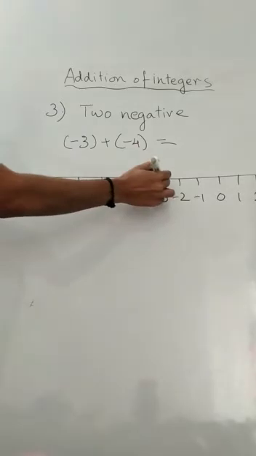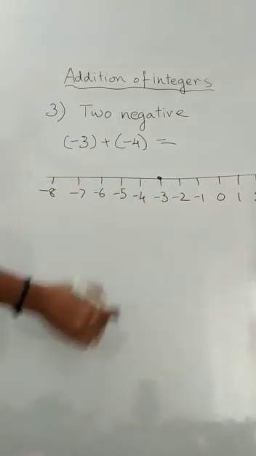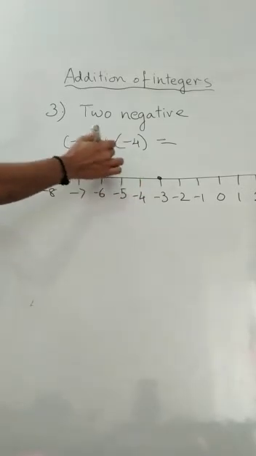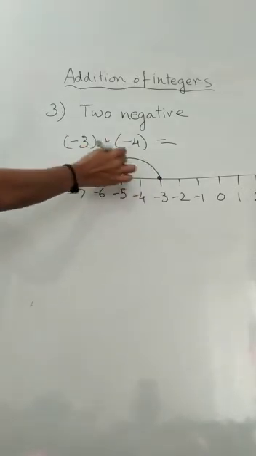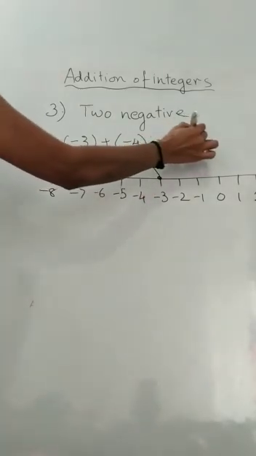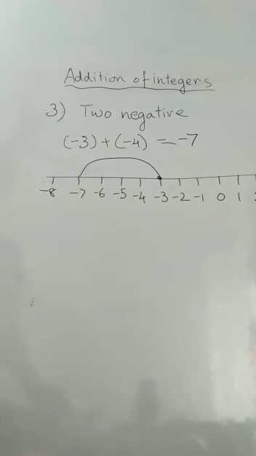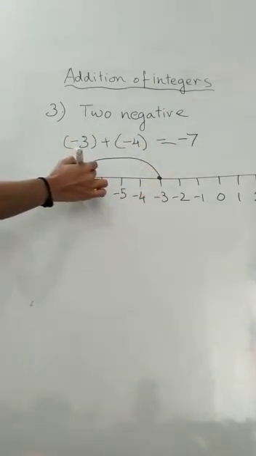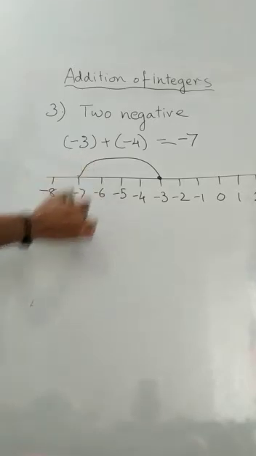It is -3. So the rabbit will start from here and jump 4 times. 1, 2, 3, 4. And where is it reaching? -7. So the answer is -7.